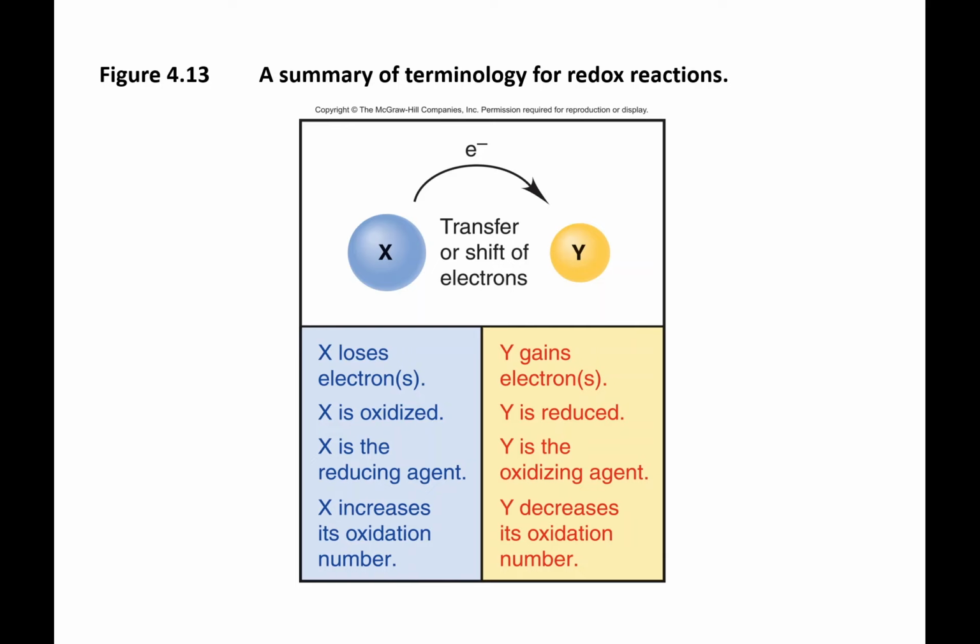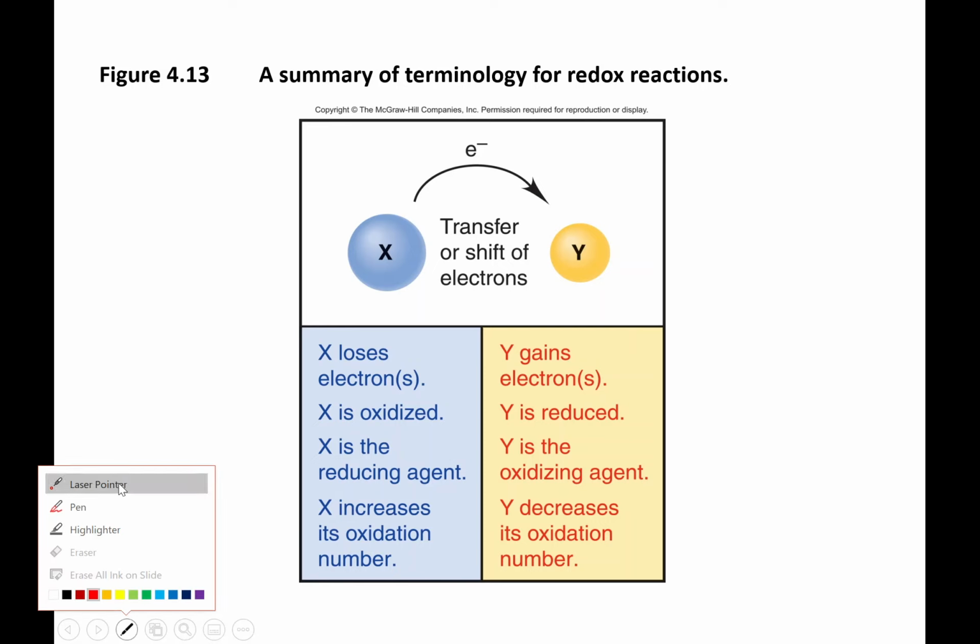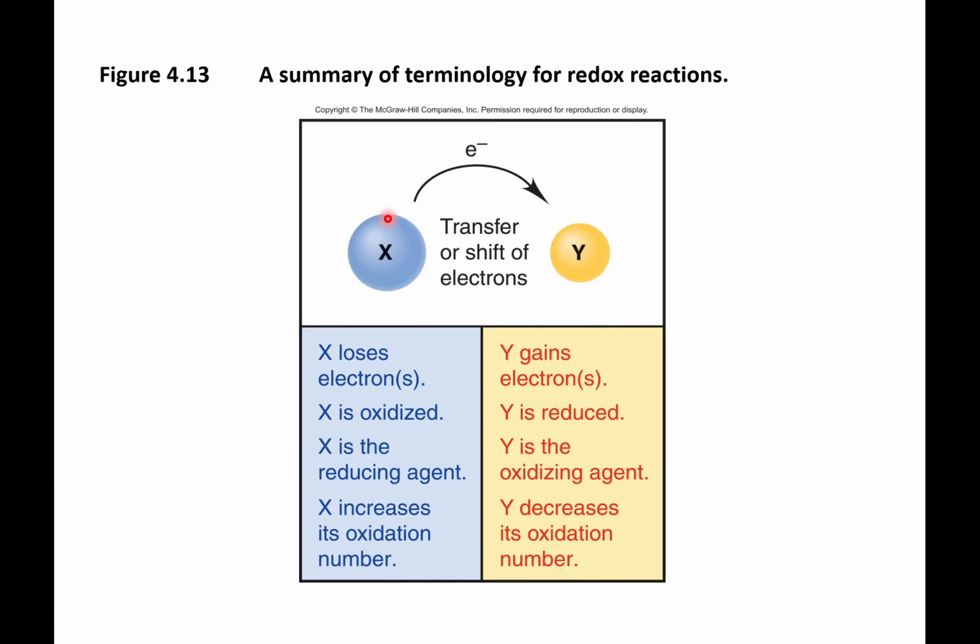So, a summary of some of the terms we're talking about. If in this generic example, X is transferring an electron to Y, we can say X loses electrons. We can also say X is oxidized, right? Losing electrons means you're being oxidized.